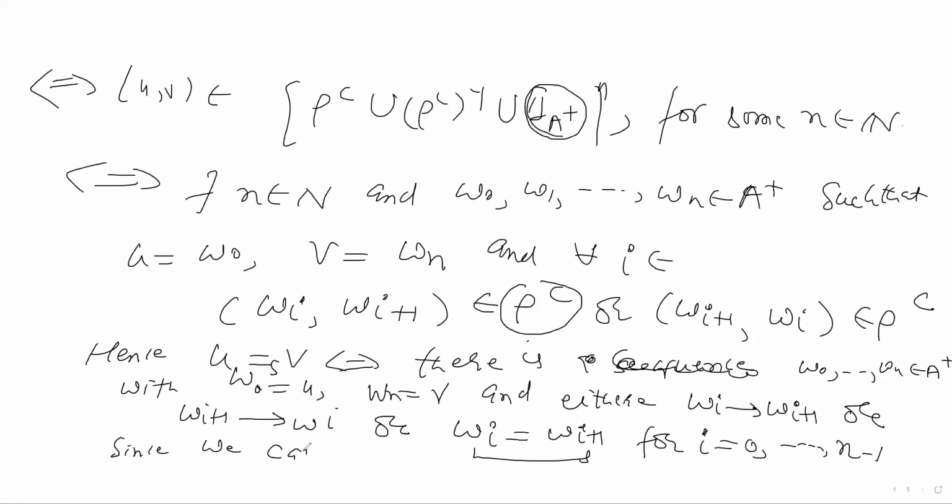Since we can shorten the sequence by removing any steps where you have this situation that wi is same as wi+1.